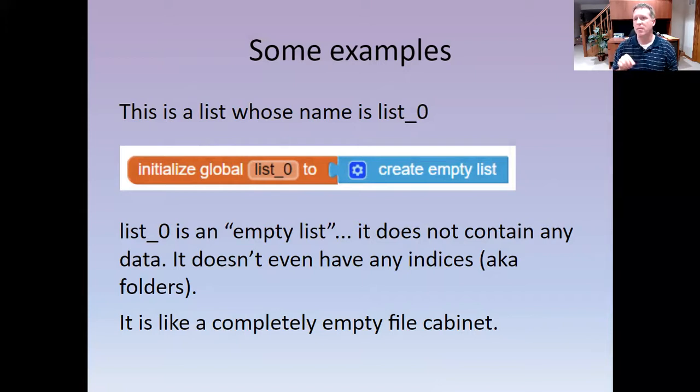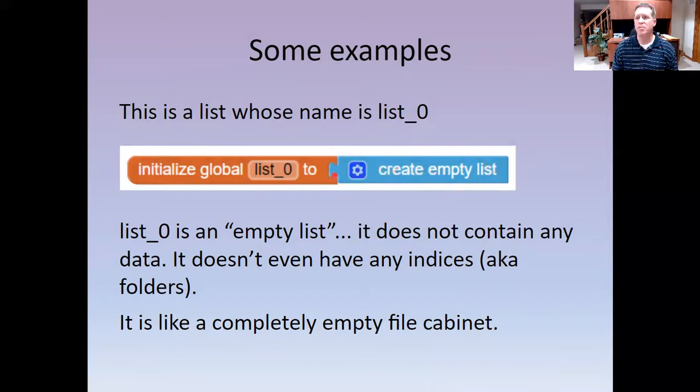So if I tell my computer, go look into that list 0, no matter what index I tell it to look at, it's going to generate an error. So before I can have the computer look in the list, I have to put something in that. Now, because of that, it's generally considered good programming practice to never initialize your list as being empty.